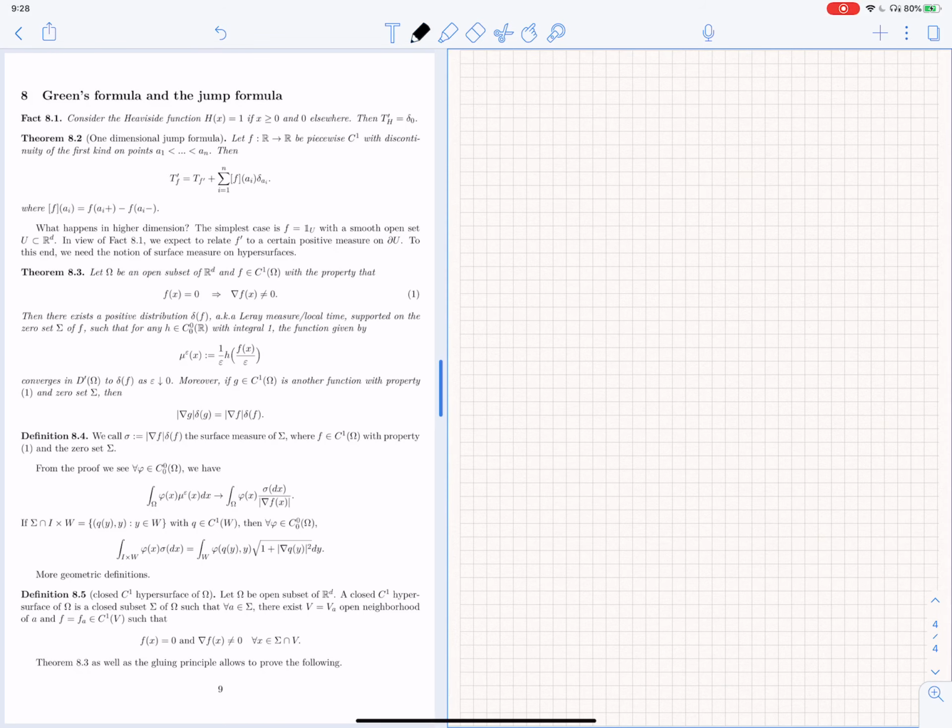Let me just recap. So what we established is the convergence of mu epsilon applied to phi of x dx to this integral of phi of q of y, y.